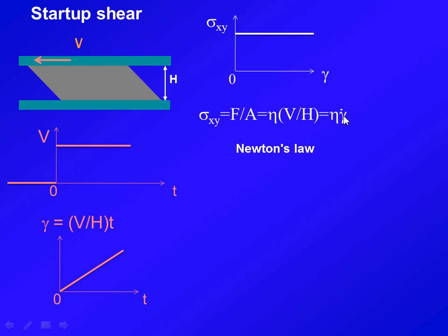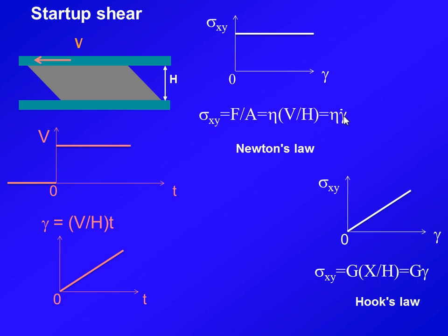Newton says if you have a finite shear rate, you should have a finite stress. Okay? It's very elementary. Conversely, if what you put in is a piece of solid, then Newton's contemporary Hooke will tell you that since your strain initially is 0, your stress better start from 0.